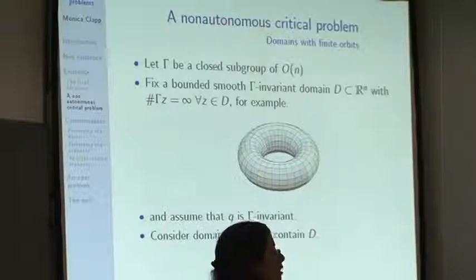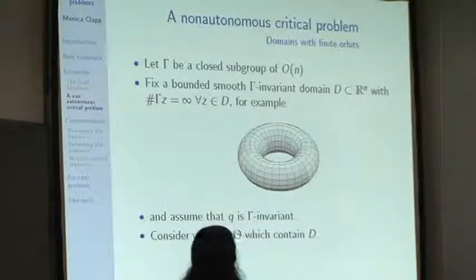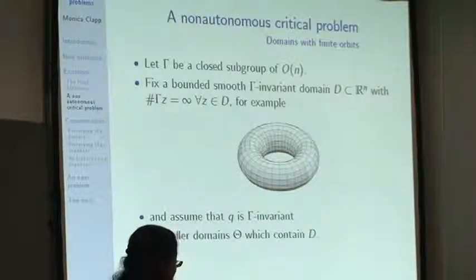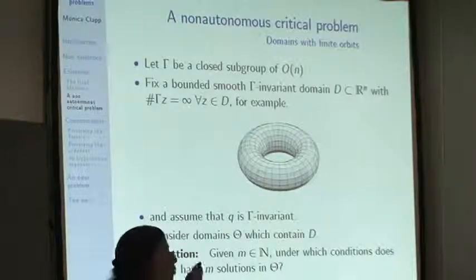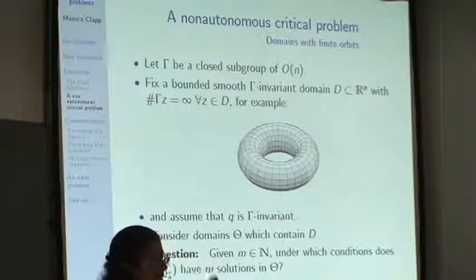I want more than 35 solutions. Can you give me a condition which guarantees that? So the question is, given some M, under which conditions does our problem have at least M solutions in a domain theta which contains the fixed domain D?